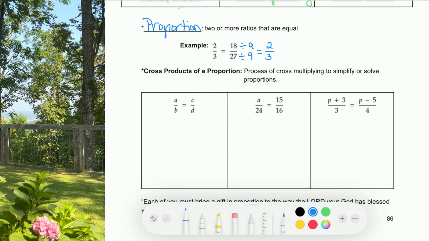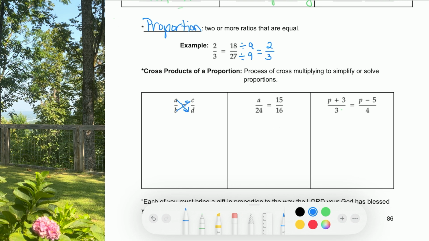All right, so let's look at cross products of a proportion. It's the process of cross multiplying to simplify or solve proportions. Sometimes we know 3 parts, but we're missing that 4th part of the proportions that are being compared. So we have to be able to find that 4th part, and that's where cross multiplying comes in.